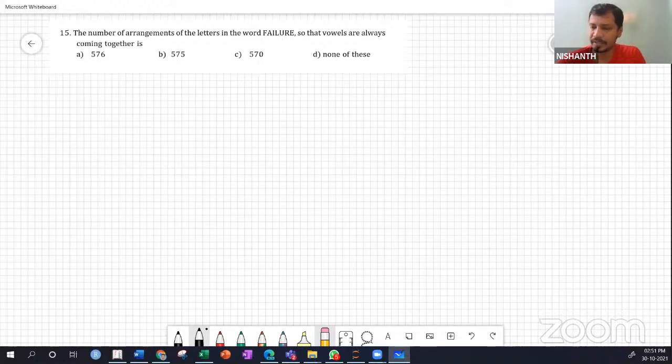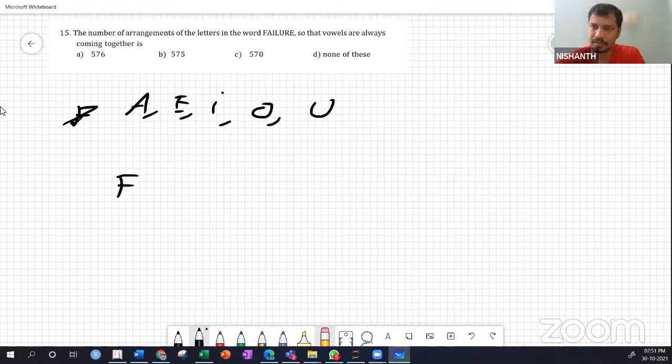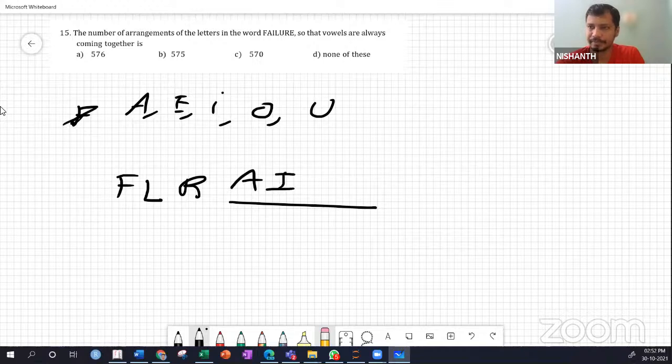This is a very common problem where you have to group something. Here we have to group the vowels. F, L, R are consonants. The vowels are A, I, U, E. So these should be together.